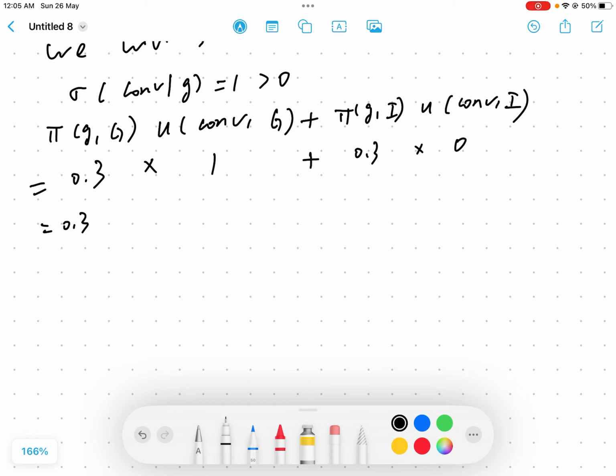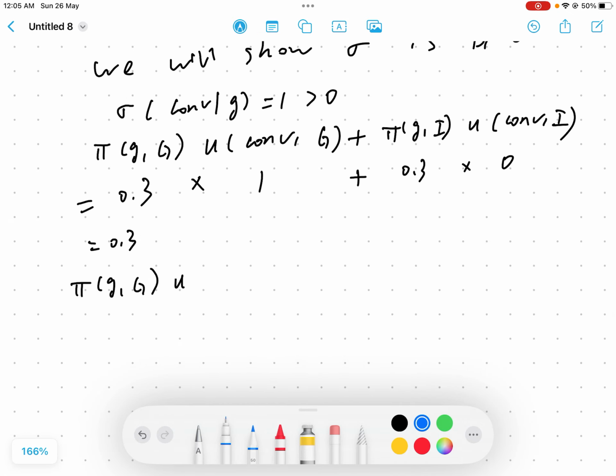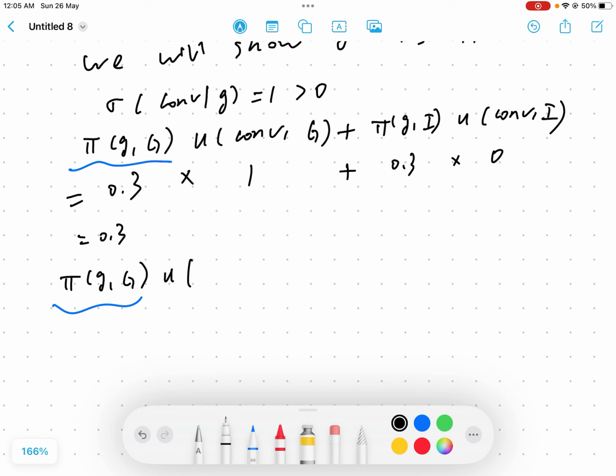If there's deviation, if the judge takes another action, let's calculate that expected utility. So pi GG, and the pi is the same, so this part is the same. The difference is that inside of u we have acquit. Here the judge is convicting, but here is acquitting, and G of course is the same, plus pi GI, but here it is acquit.